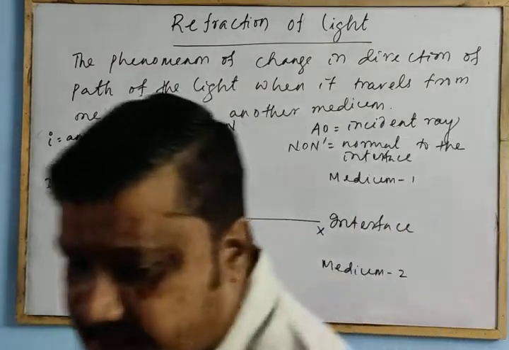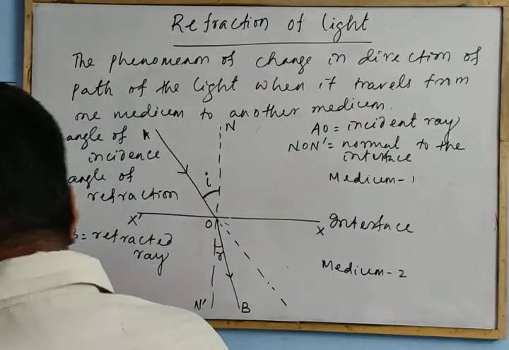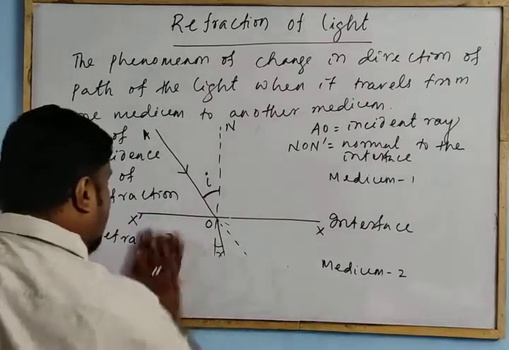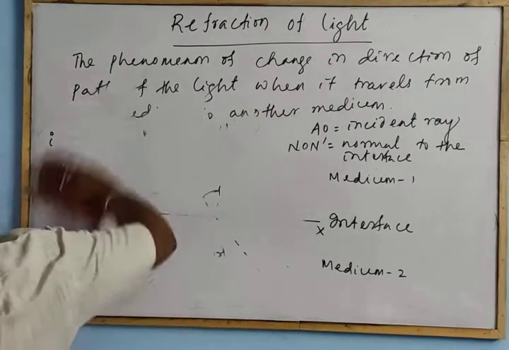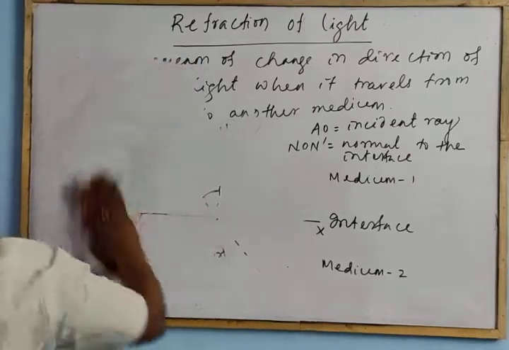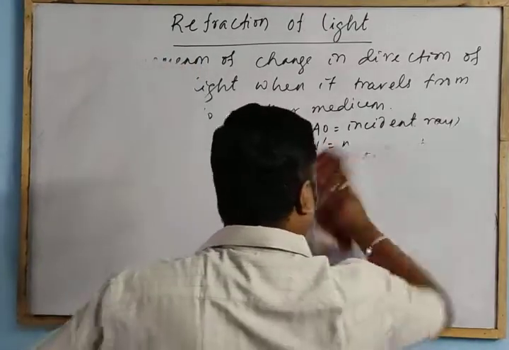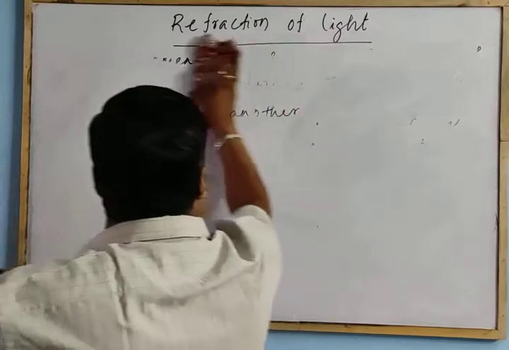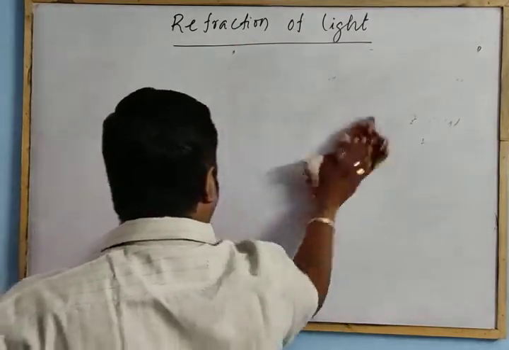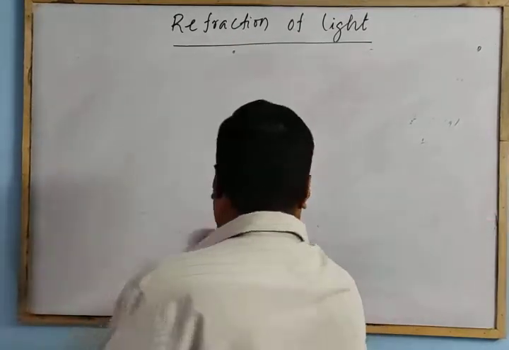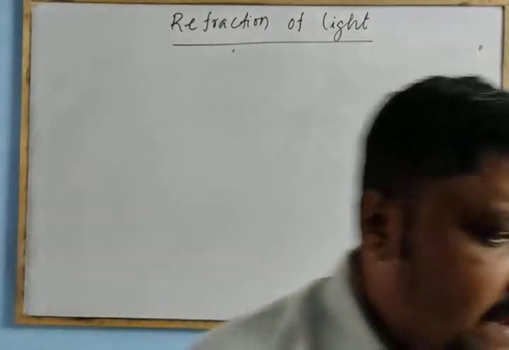Let me show how it bends. Let us consider a ray traveling from an optically denser to a rarer medium, and from a rarer to a denser medium. Two cases we will show here.